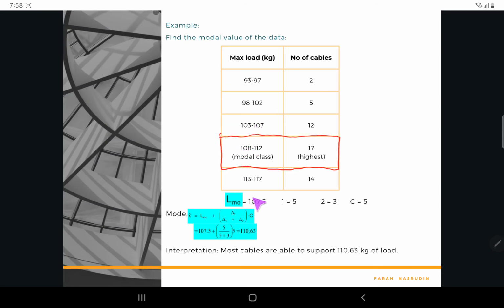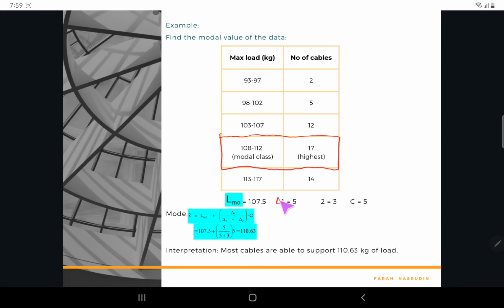So kita kira akan jadi 107.5. Okay, and then apa ni? Oh, difference 1. Difference 1 means that we need to find the difference between the frequency of the mode class and the frequency of the class before that. So 17 tolak 12 jadi 5.